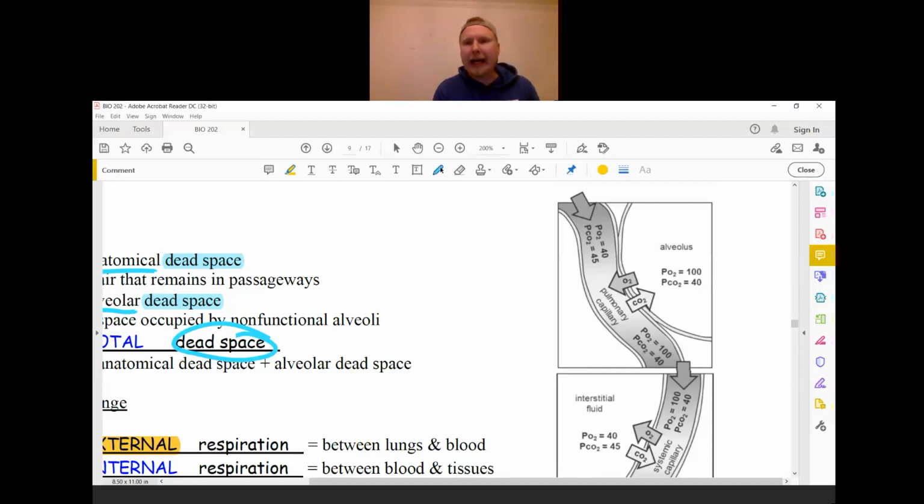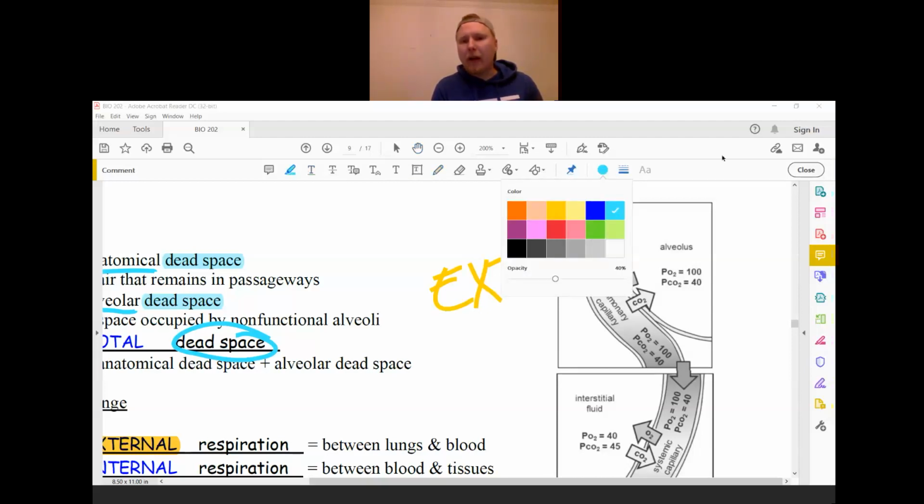We're going to look at how these gases are exchanged based on their pressure gradients, the differences in pressure gradients. And we're going to look first at what happens with the oxygen.